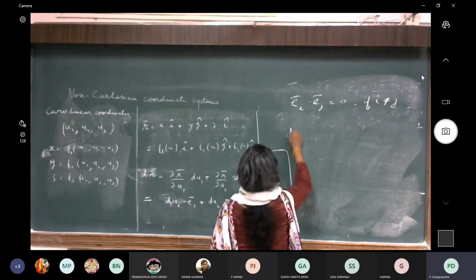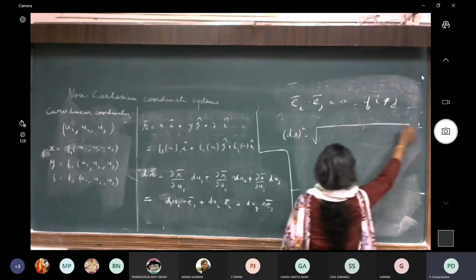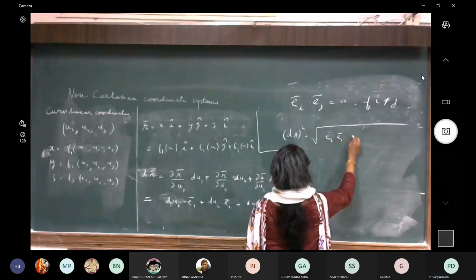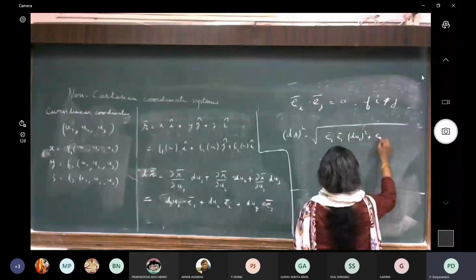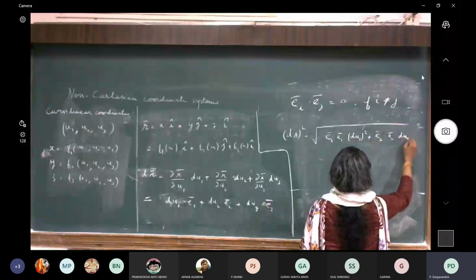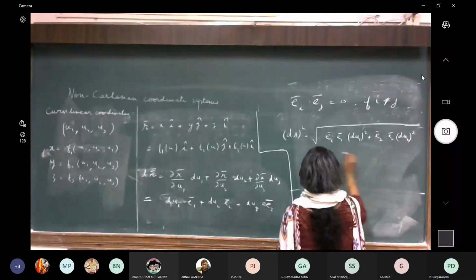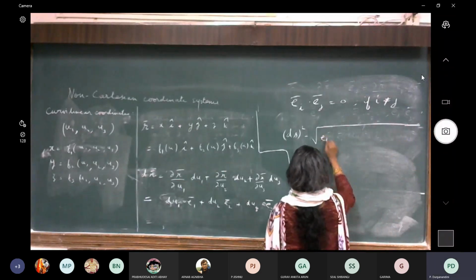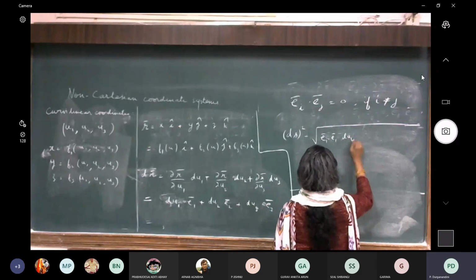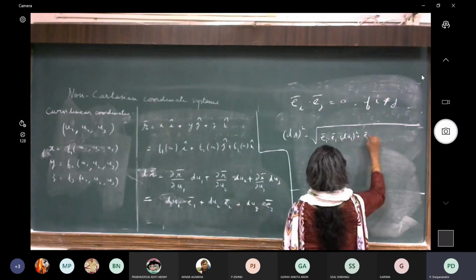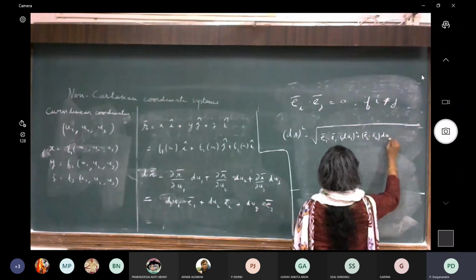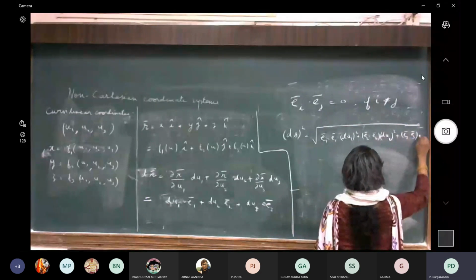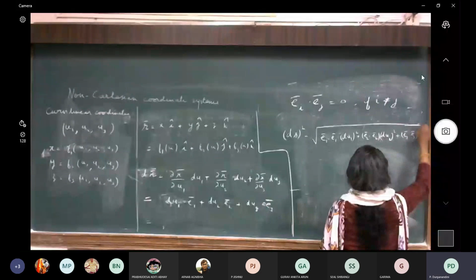So now I can write ds square as equal to root of, if I look at the infinitesimal thing, E1 dot E1 times du1 square plus E2 dot E2 times du2 square plus E3 dot E3 times du3 square. So I get this.